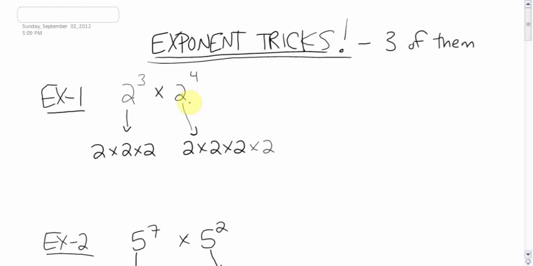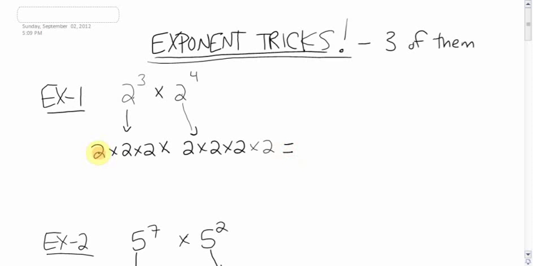Anyways, here's the trick. So 2 to the power 3 is the same thing as 2 times 2 times 2, right? And 2 to the power 4 is the same thing as 2 times 2 times 2 times 2. Well, if we're multiplying this times all of that, what would be the answer in exponent form?